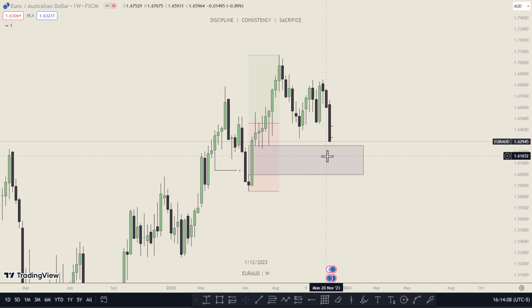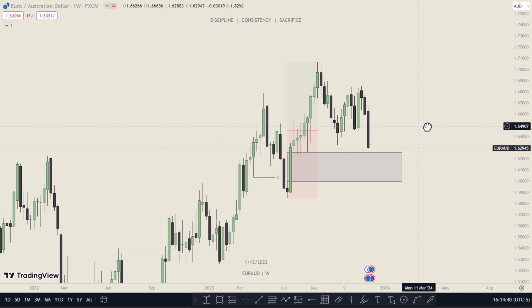On the New Zealand dollar against the US dollar, we didn't really have a reason to go to discount, but in this case we do. We have this inefficiency right here. A big portion of this inefficiency, or this imbalance, is left open, and I believe that price will rebalance this. So this is the draw on liquidity, the bullish fair value gap right here. This is the draw on liquidity.